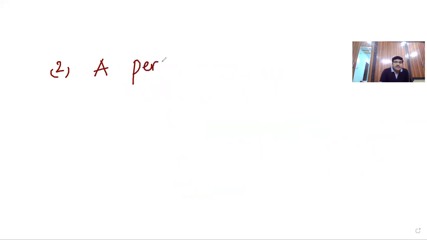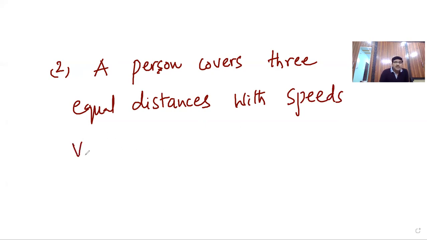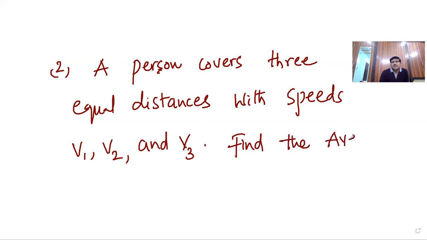A person covers three equal distances with speeds v1, v2, and v3. Find the average speed.